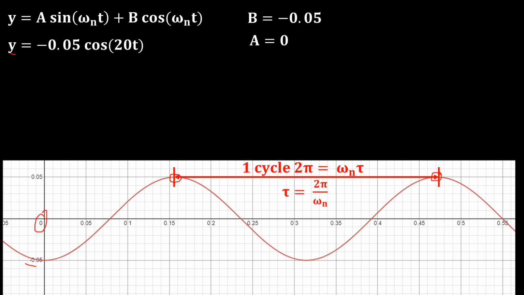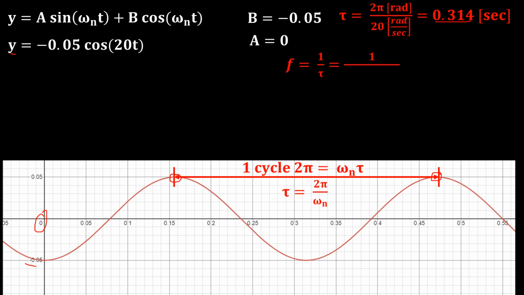So time is 2 pi over natural frequency. So here we can find the period it takes to complete one cycle, 2 pi radian divided by the natural frequency of the system, which is 20 radian per second, and it will give us this value. So that's how much time it takes to complete one cycle.